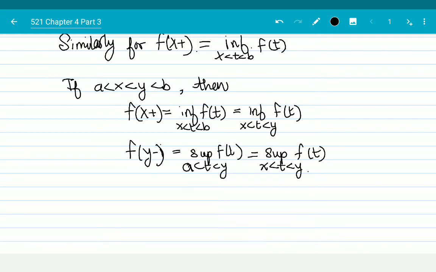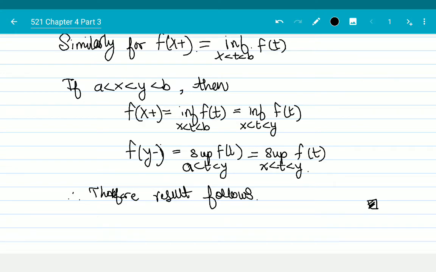Okay, and as the supremum is always greater than the infimum, we get this. Therefore, the result follows.